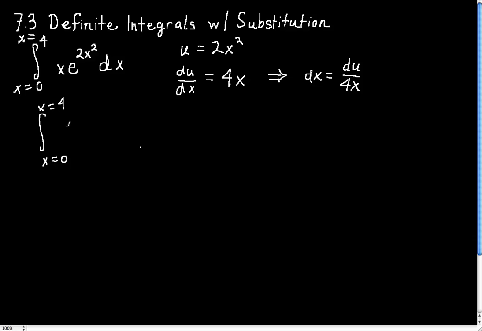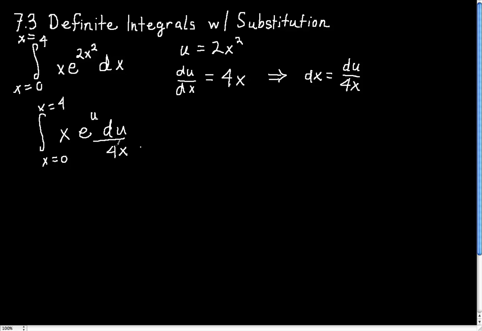I don't do anything with the x yet. I still have my x. And then here's my u, so I have e to the u there. And my dx is du over 4x.